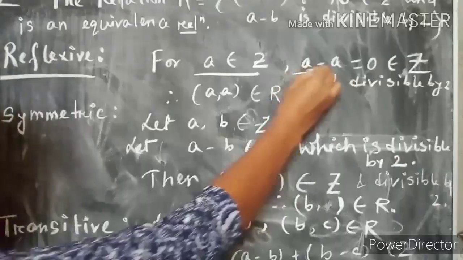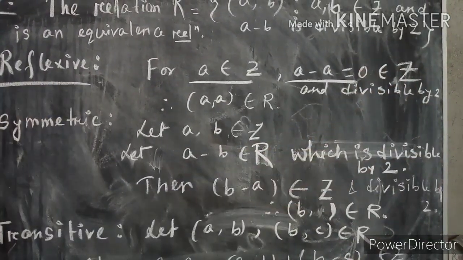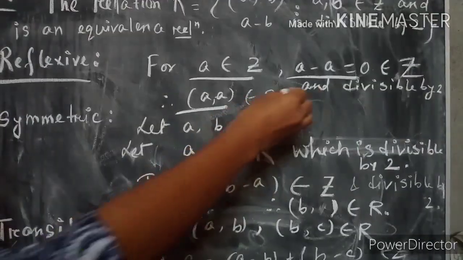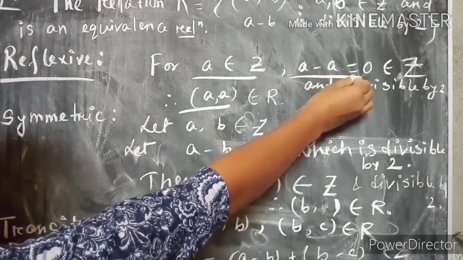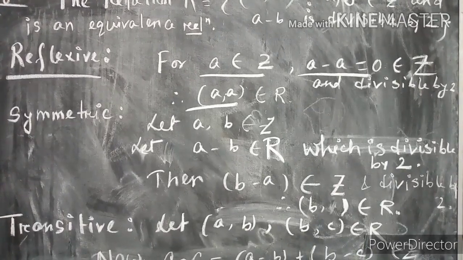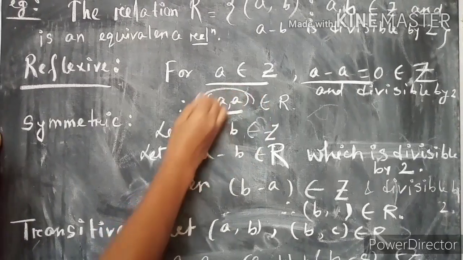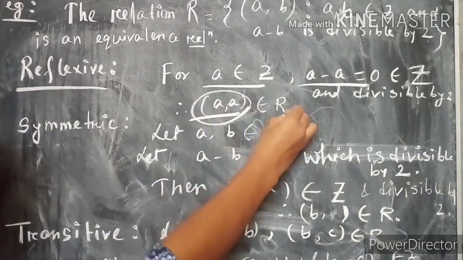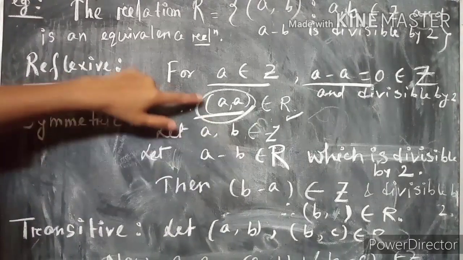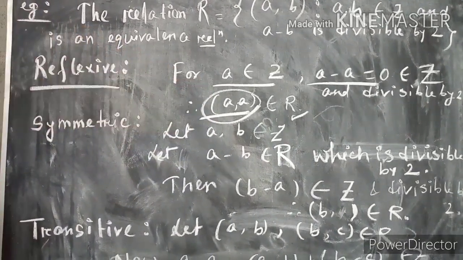Everybody knows A minus A equals 0, and 0 is an integer, right? Therefore (A, A) belongs to R, and here A minus A equals 0 belongs to Z, and also 0 is divisible by 2. So (A, A) is an element belonging to this relation R, and if a relation contains an element in this form, then this is called reflexive.